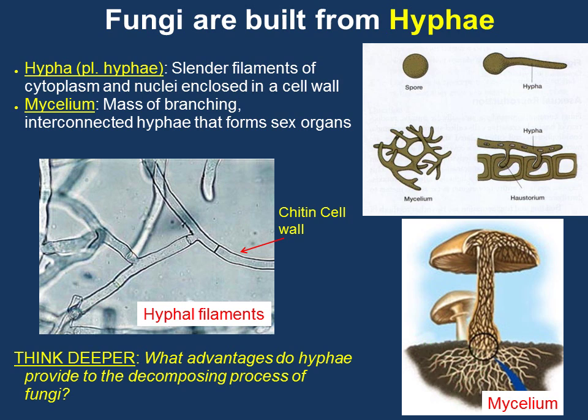We can see the cell wall of one of these hyphae made out of chitin. See at the top right, we can see a spore, and then a spore growing a hypha. And then in the bottom left drawing of that diagram, we can see the mycelium. Or sometimes we have parasitic fungus that grow hypha with little intrusions called haustorium that go into living cells and take their nutrients.